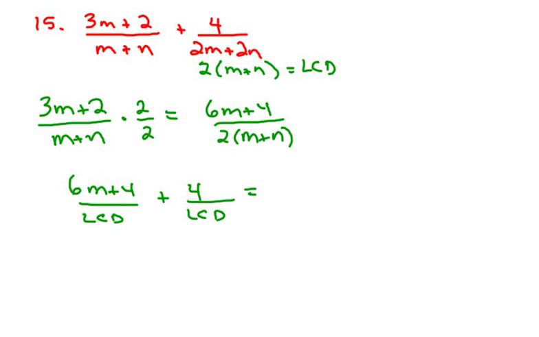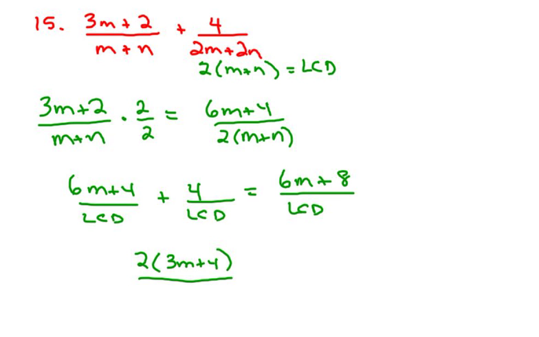And combine your like terms here, you get 6m plus 8, 4 plus 4, over the LCD. And now we need to simplify that. So let's factor out a 2 from the numerator. Gives you 2 times 3m plus 4 over the LCD, 2 times m plus n. And these outer 2's can now cancel. So your final answer is 3m plus 4 over m plus n.